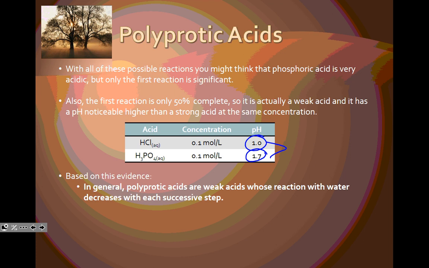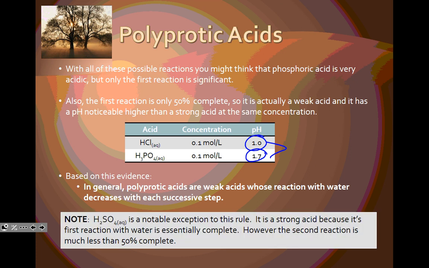Based on this evidence, in general, polyprotic acids are weak, and their reaction with water decreases with each successive step. The only exception to this is H2SO4. Okay, it is the only strong acid that's a polyprotic acid, and the thing you have to know is that the first reaction is higher than 99%, and the second reaction is about 50% complete.